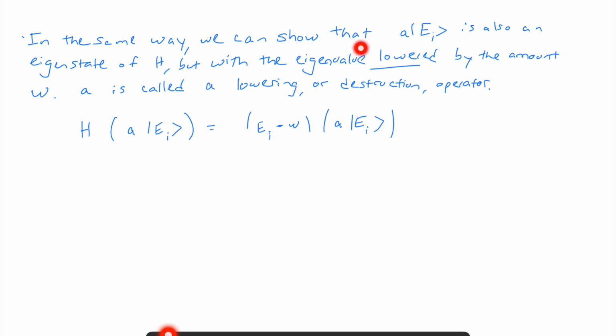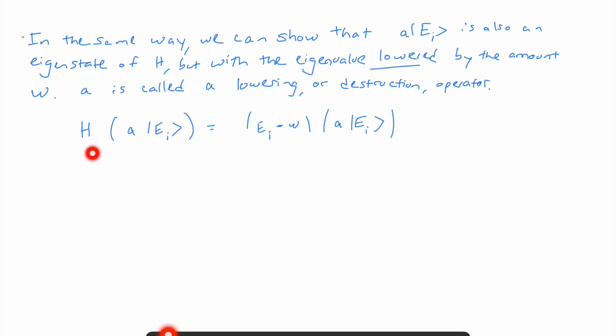In the same way, we can show that A operating on the eigenket E sub I is also an eigenstate of H, but with an eigenvalue lowered by the amount omega. This is probably worth just reproducing if you haven't seen it or done it recently in quantum mechanics.